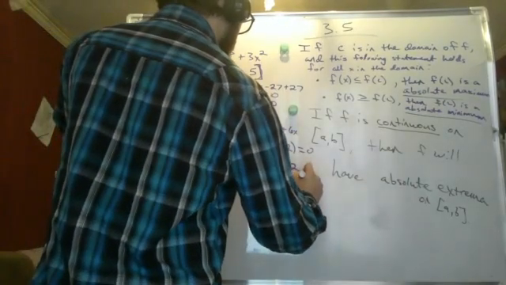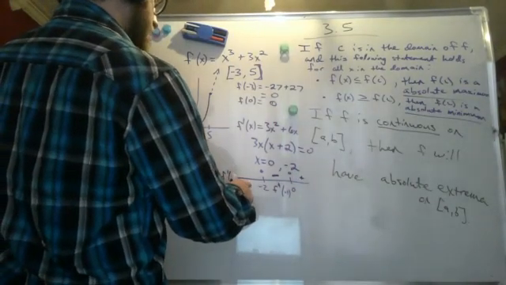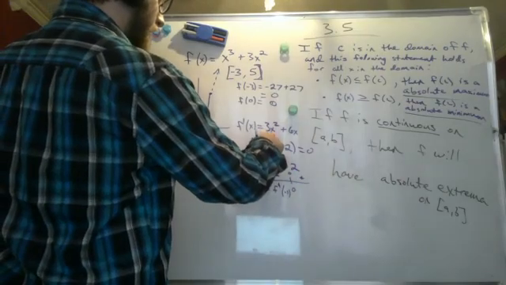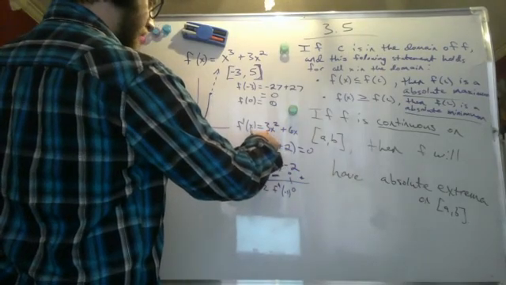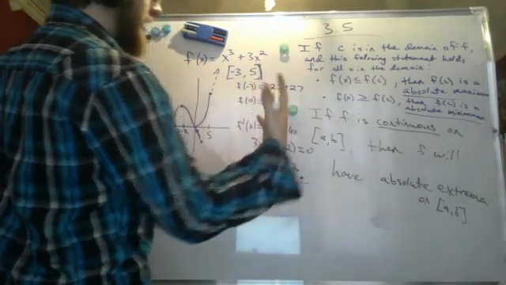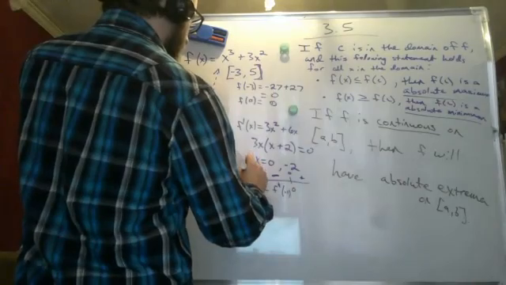If I plug in +1, that's going to be positive. If I plug in -3, well, -3 squared is 9, times 3 is 27, 3 times 6 is 18, so 27 minus 18, I actually get a positive 9, so I'm positive on this side.